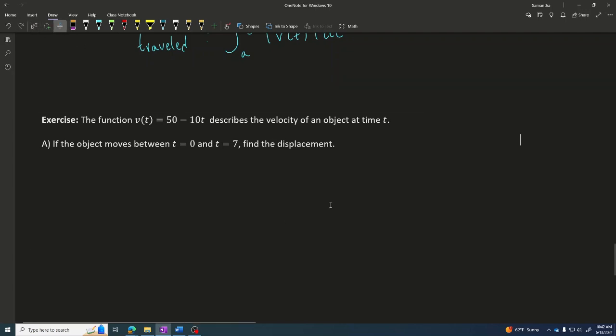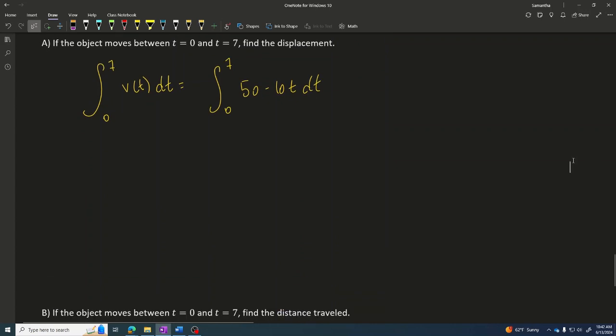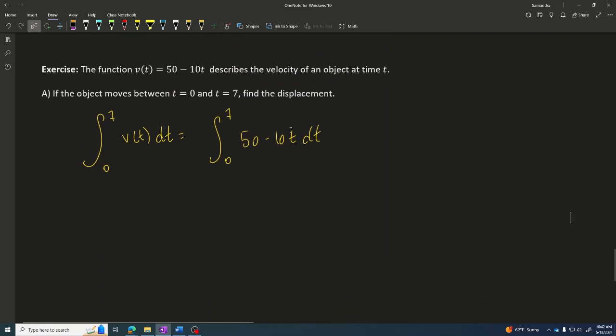Well, now that we have figured out what integral formula can be used to calculate the displacement in a situation like this one, all we have to do is integrate from 0 to 7 our velocity function, dt. And this velocity function is really nice because each of the terms in this velocity function is just a power function or a constant.